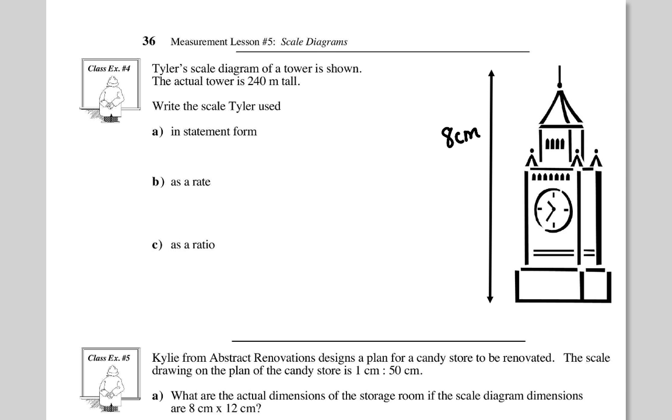I've been doing the statements, so I'll just do the statement, and then you can finish the other two. Notice I put the model first, original second, and I've included units for communication purposes. Now, go ahead and write it as a rate, and then write it as a ratio.